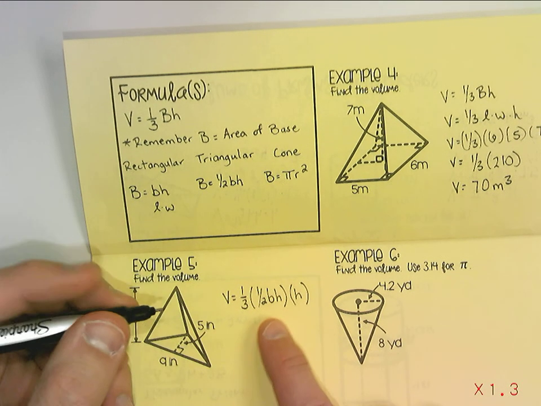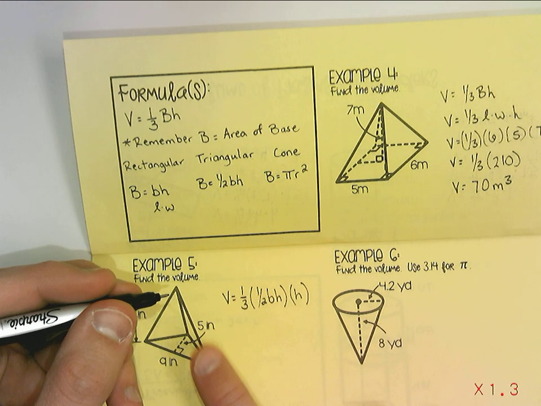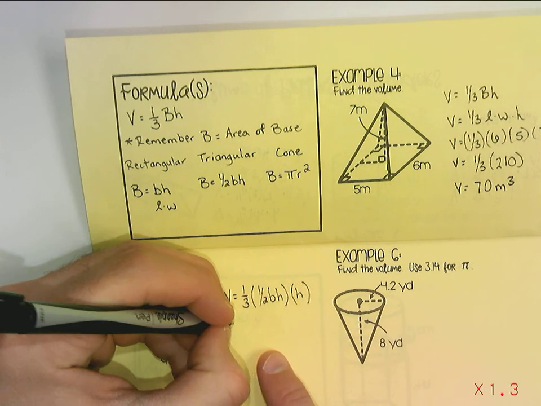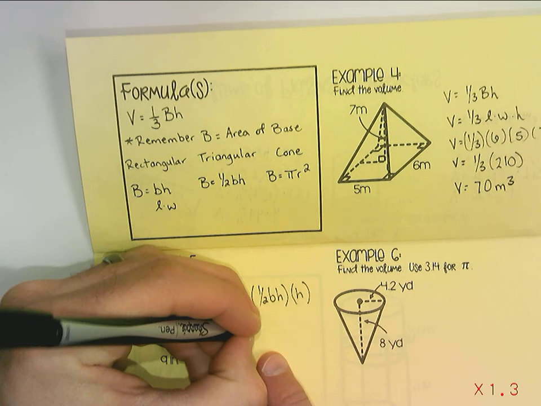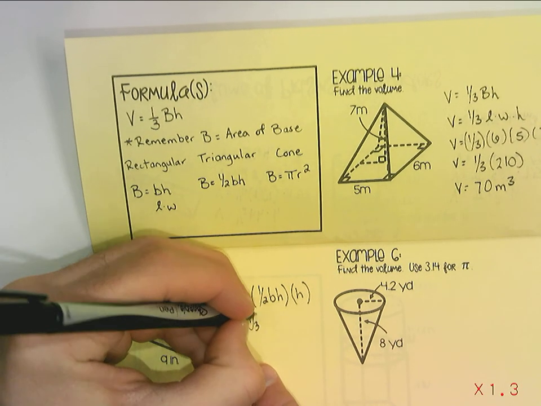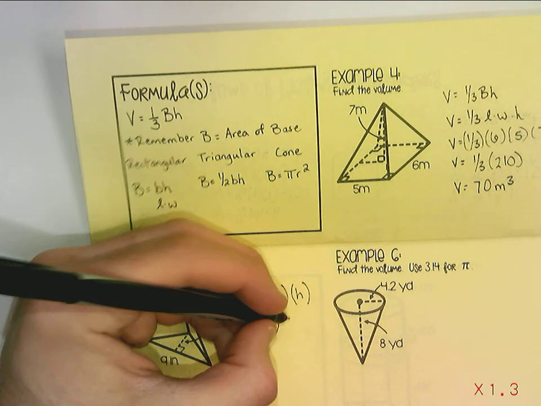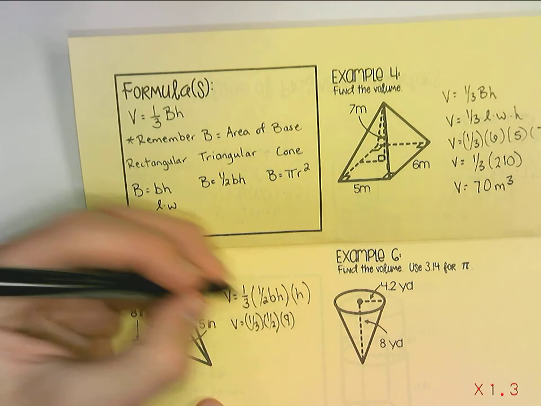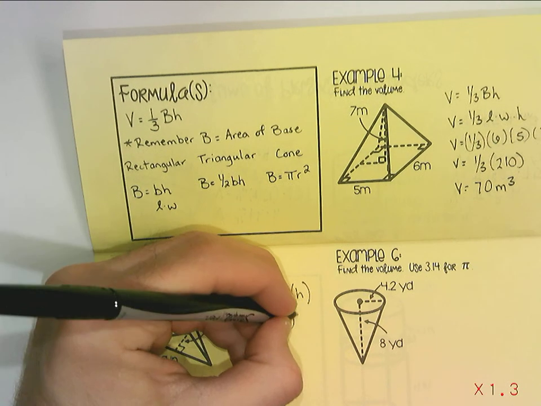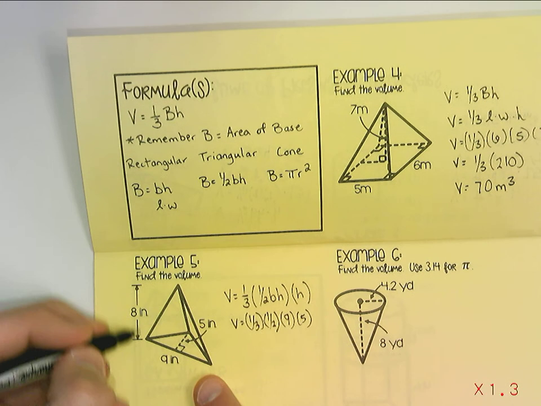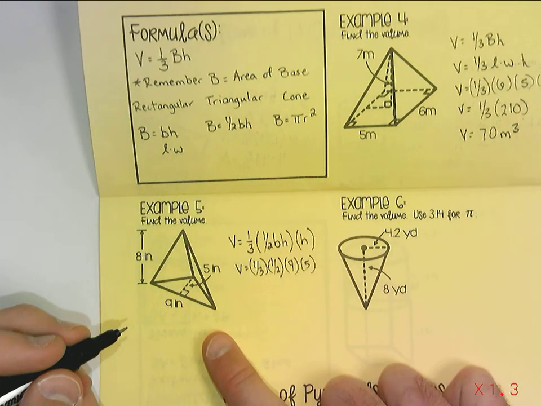Let's fill everything in. So we need the base and the height of the triangular base, 1/3, and this is all multiplied, so I can separate this. 1/2, base is 9, height is 5, and the height overall is 8.